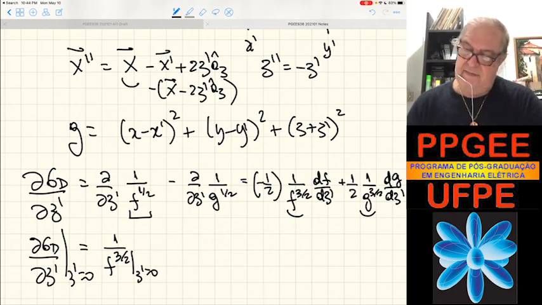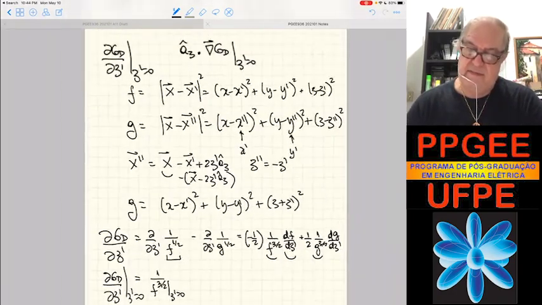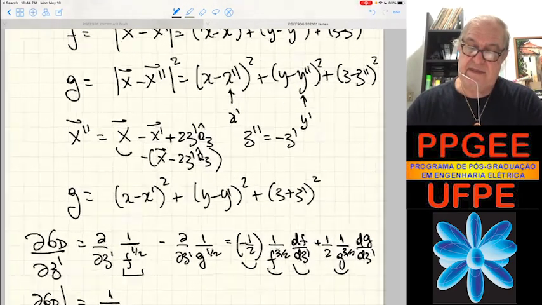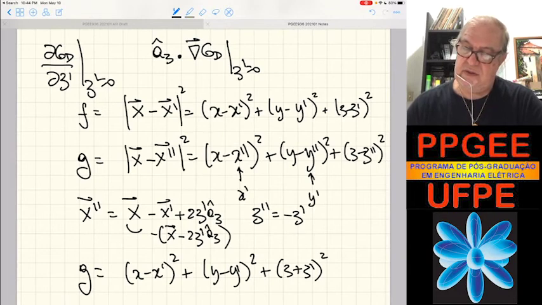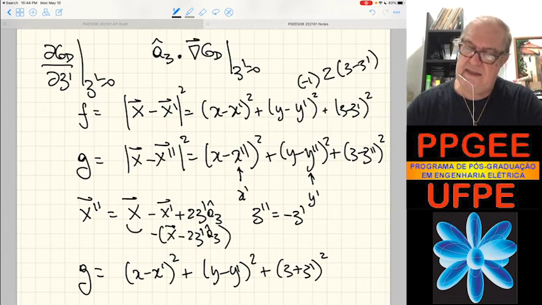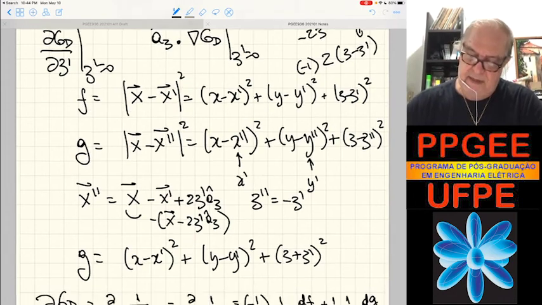So df/dz prime, with the 1/2 right there, equals 2 times (z minus z prime) times minus 1 at z prime equals 0, which equals minus 2z.